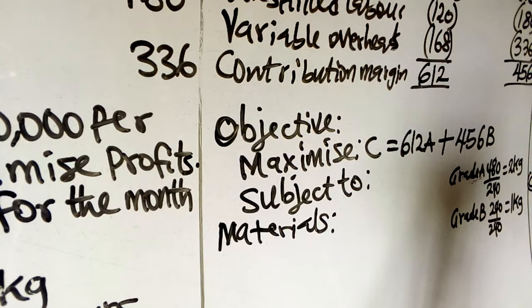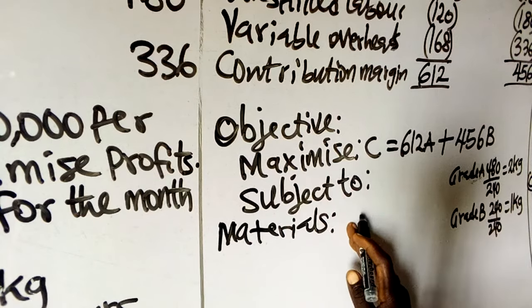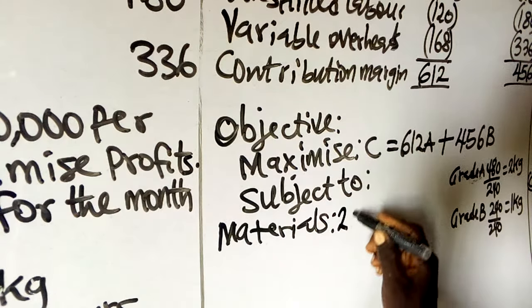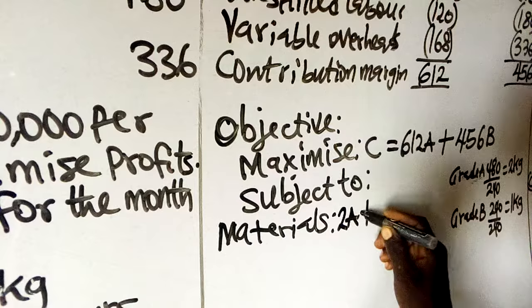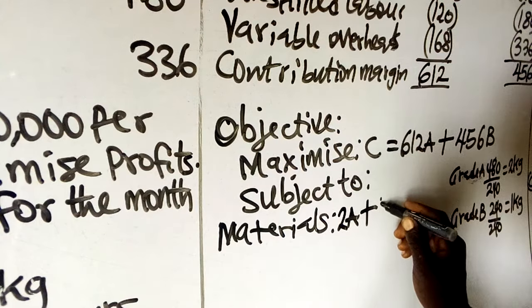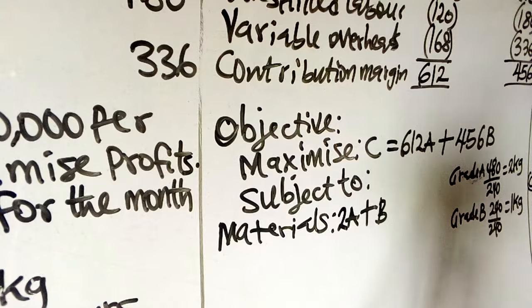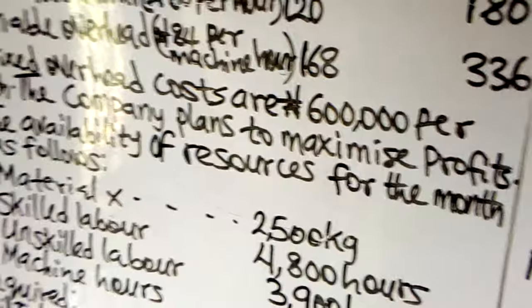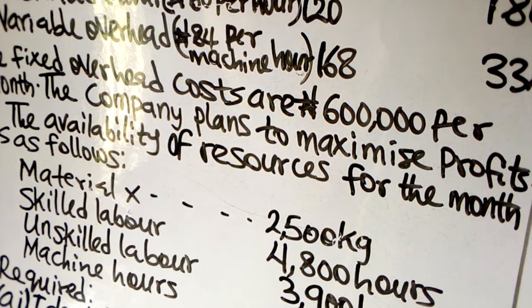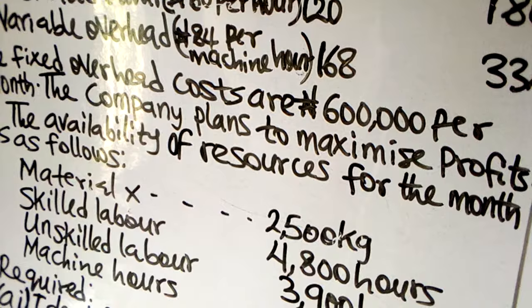That is for materials. Then your constraint for materials now, you have 2 kg of grade A plus 1 kg of grade B. By putting B, this is the same as 1 kg. And the maximum material X available is 2,500.